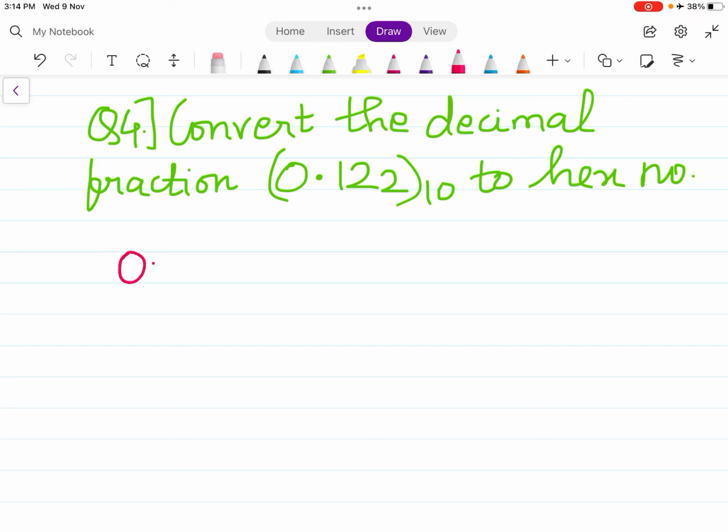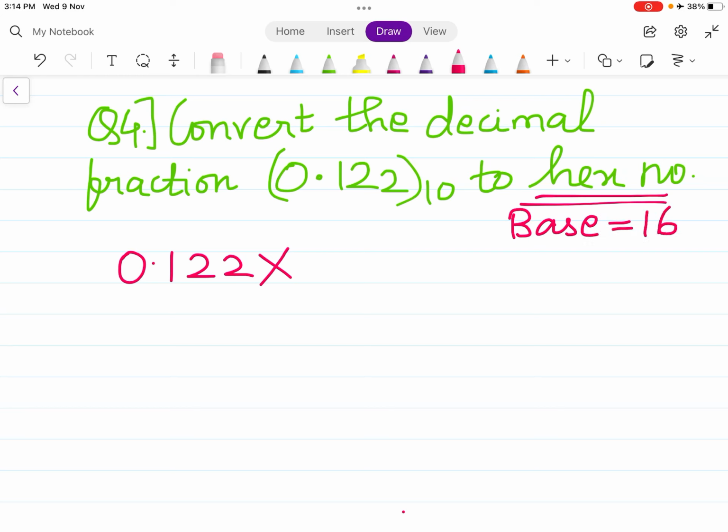Again, the first step is to write the fractional part and multiply it by the base or radix. For hex, the base is 16.